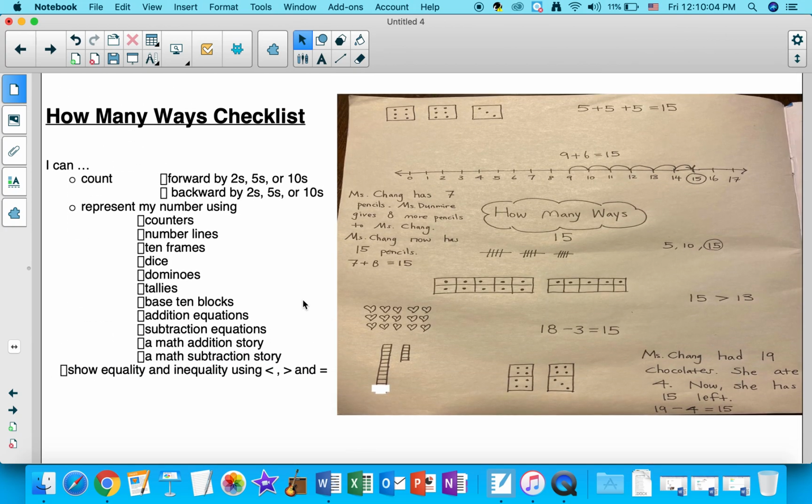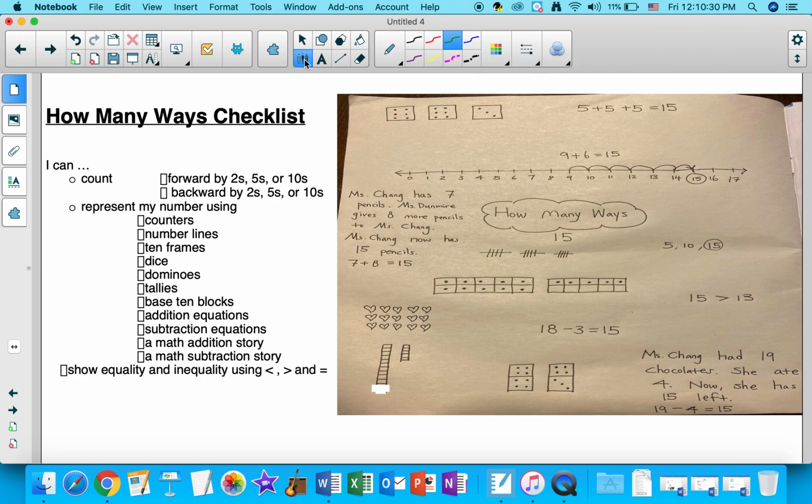Okay, so this is an example of how many ways that I've completed, and this is what the checklist looks like. How many ways checklist? And it says I can count forward by 2s, 5s, or 10s.